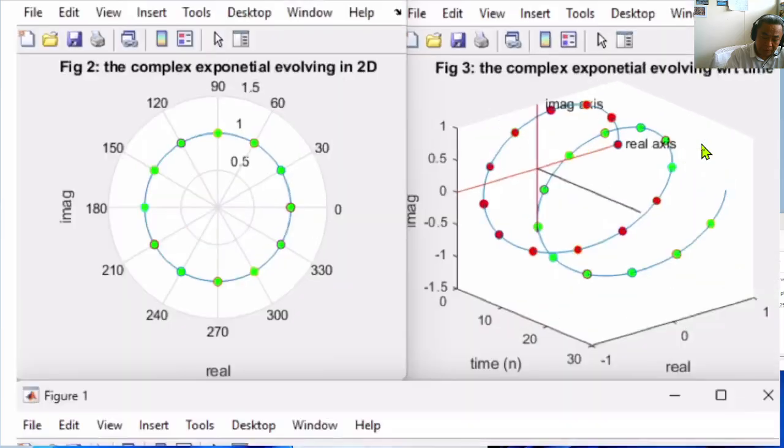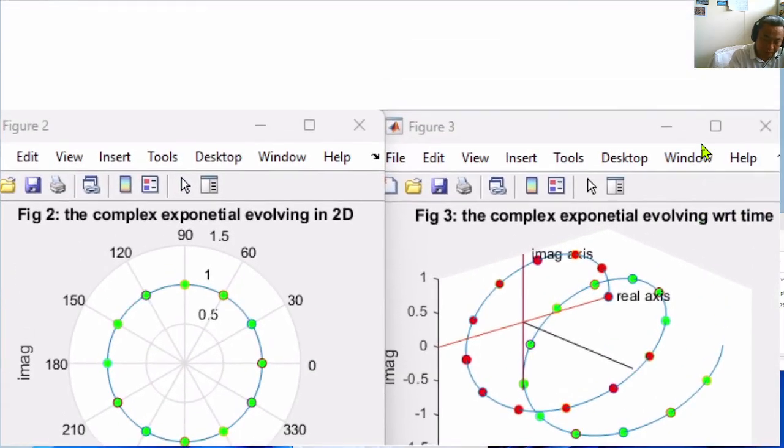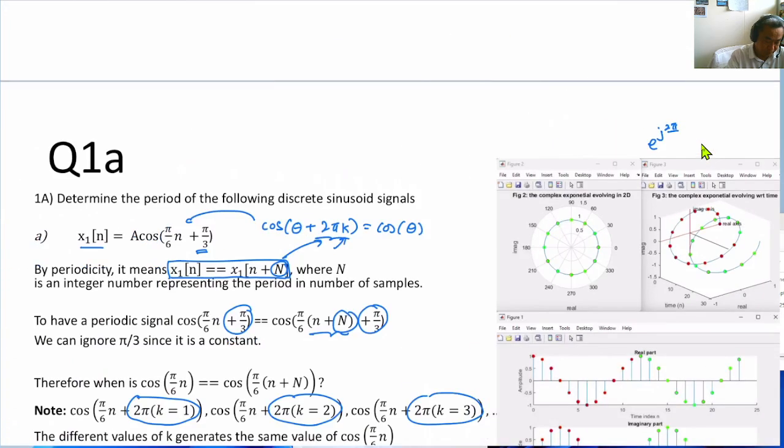We can generate the complex exponential e^(j 2 pi over 12 n). This of course equals e^(j pi over 6 n). And what is e^(j pi over 6 n)?